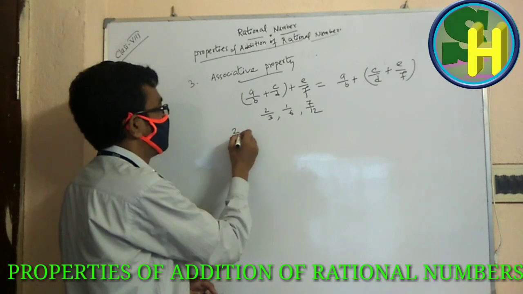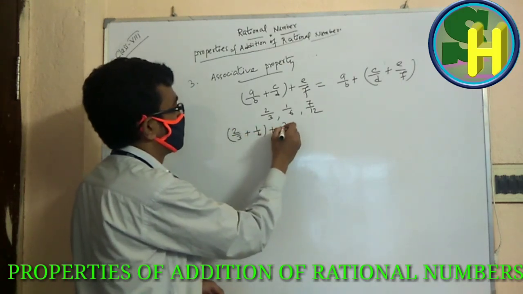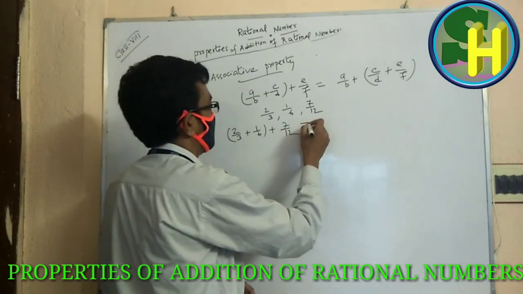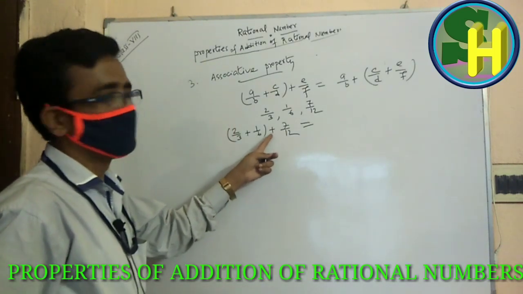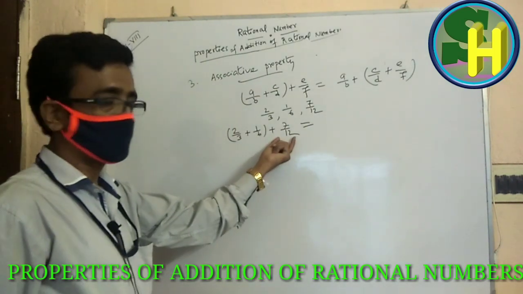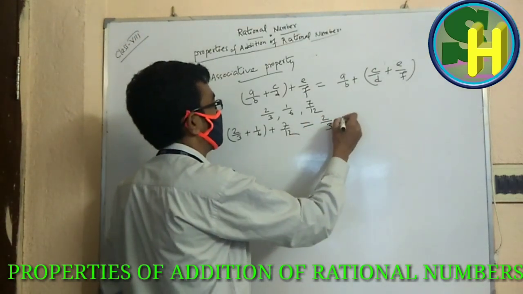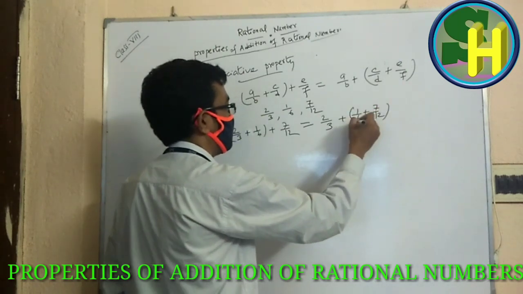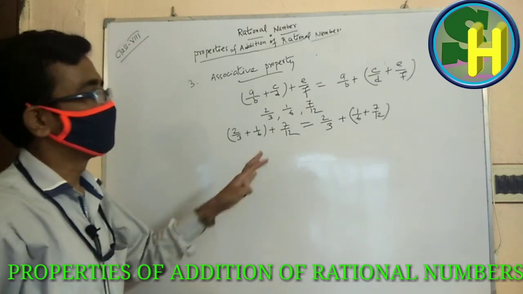So 2 by 3 plus 1 by 6 will be equal to 7 by 12. This addition, and the addition to 7 by 12, will be equal to this value. You just verify it.